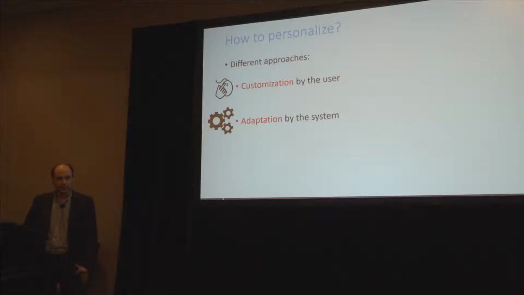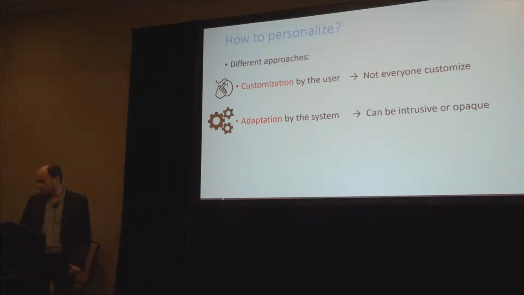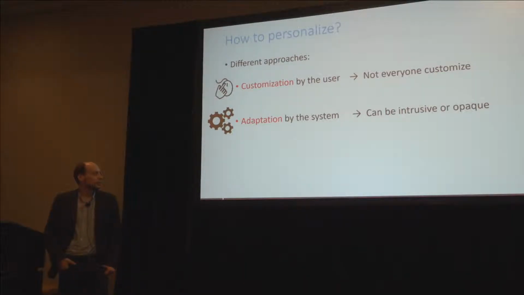Both have been studied a lot in HCI, and they both have pros and cons. Typically, customization lets the user be in control of the personalization, but we know that not everyone customizes in an effective way. Adaptation can be provided to everyone and can be effective, but to some users it can look intrusive, opaque, or the timing can be off, etc.